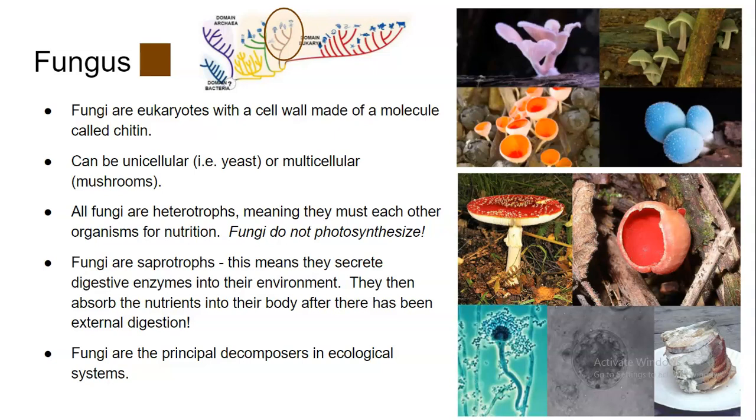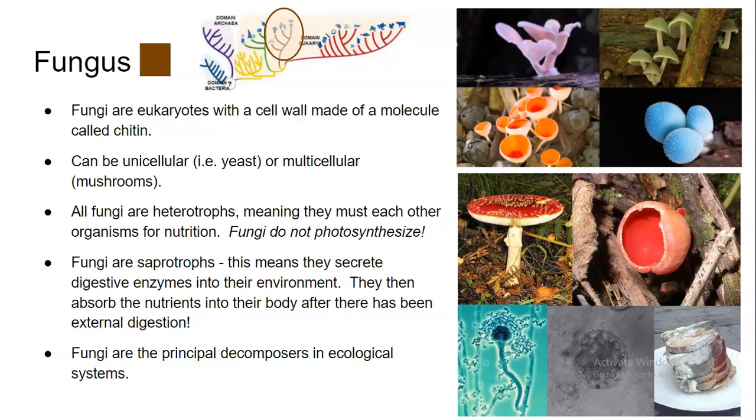So this is why fungi are actually more closely related to you than to a plant. Fungi can be unicellular, one cell big, like yeast, or multicellular, like mushrooms. All fungi are heterotrophs. Fungi do not photosynthesize. So fungi have to consume other organisms for their nutrition.